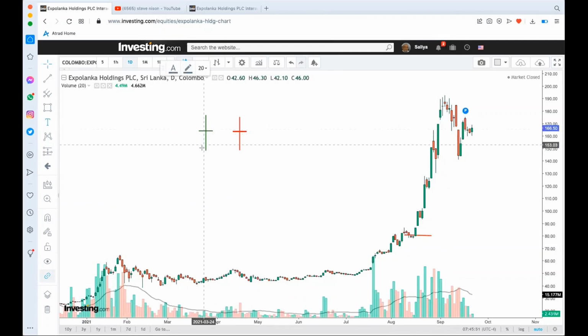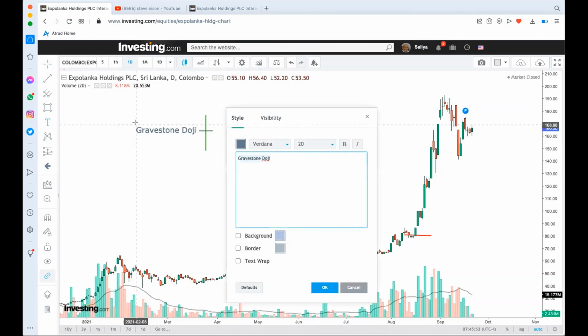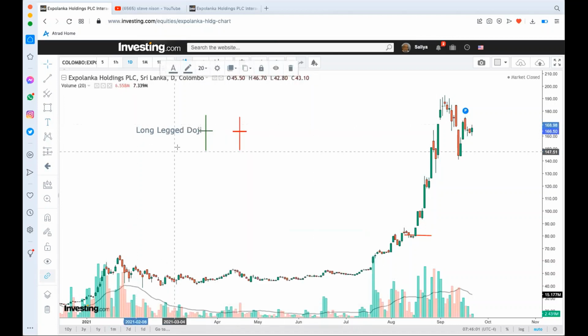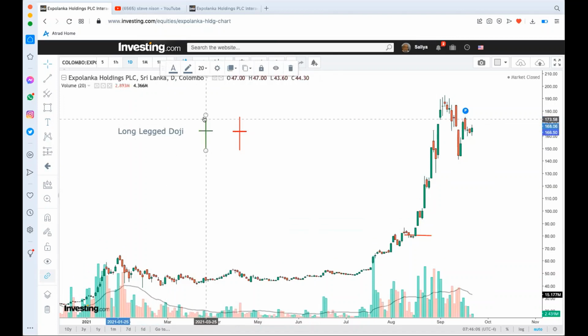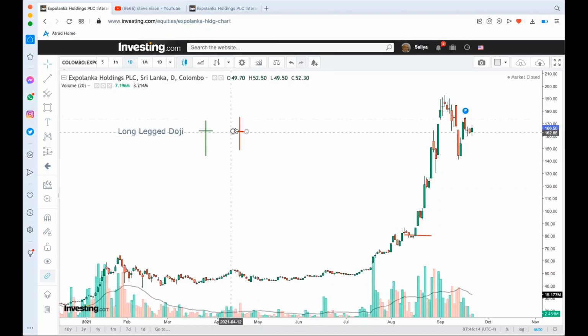This type of a formation is called long legged doji, meaning both sides you can have long legs, long wicks, or otherwise sometimes it can be like something like this also, right?